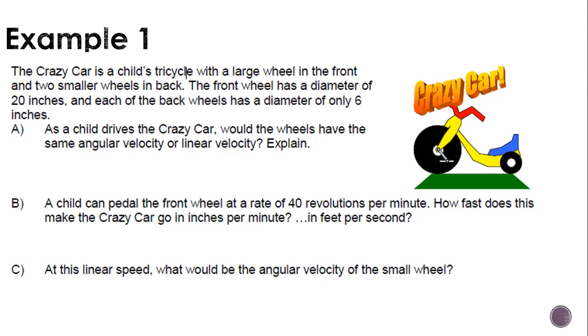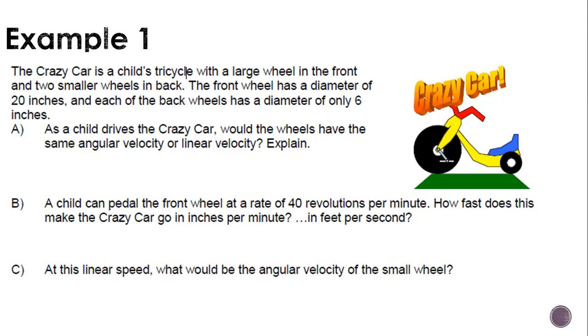Elliot, my little one, has a big wheel and it's Paw Patrol, and he calls it his tricycle, not a big wheel. Back in my day, they were called big wheels.